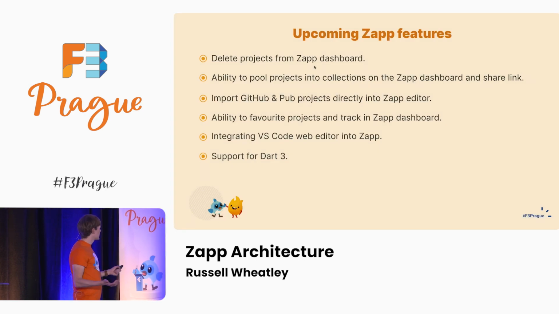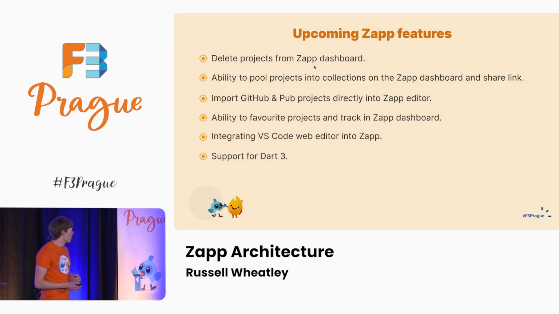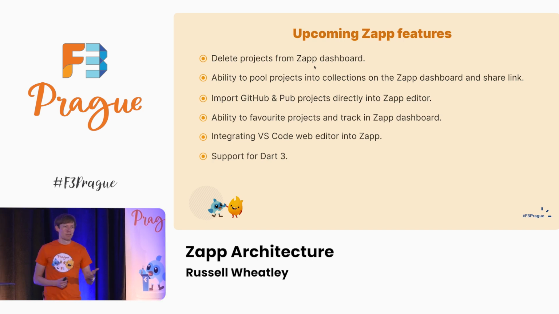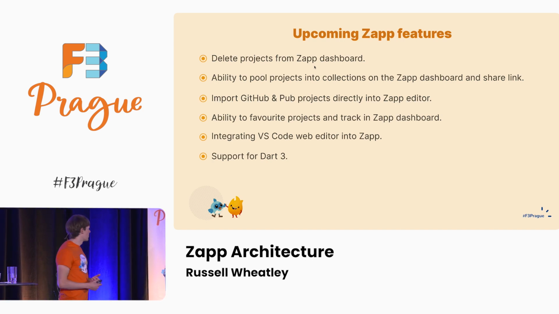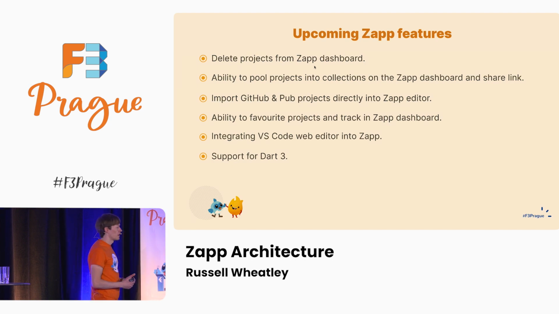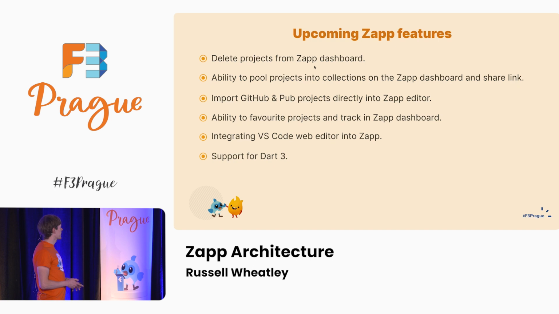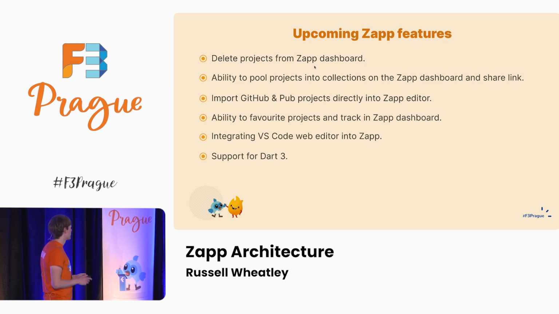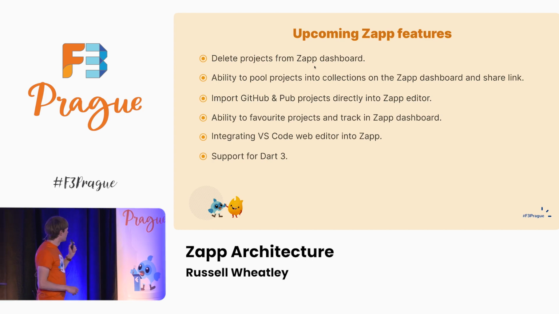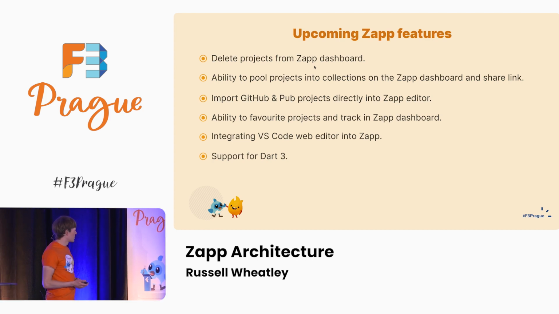Okay, so a few of the features that we're looking at upcoming. So you may have noticed that the dashboard was pretty bare, and so we're looking to make it more useful for you as users. In fact, I actually have a PR for this, it's just waiting to be reviewed, so that hopefully should be with you sooner rather than later. The ability to pull projects into collections.